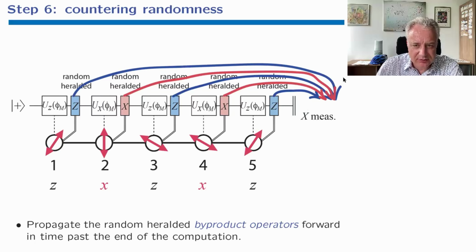So once we have moved them past the readout, that's okay. They do no harm. The point, however, is that they do harm on their way to pass the readout, and that we have to keep track of. So this is the overall strategy, and now we want to look at that in some detail.